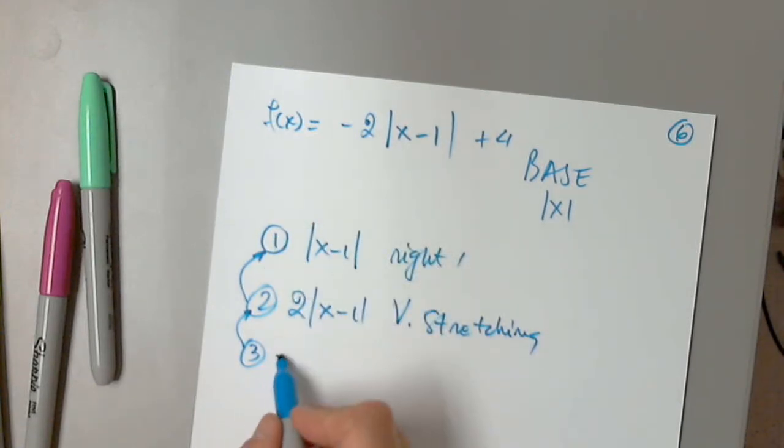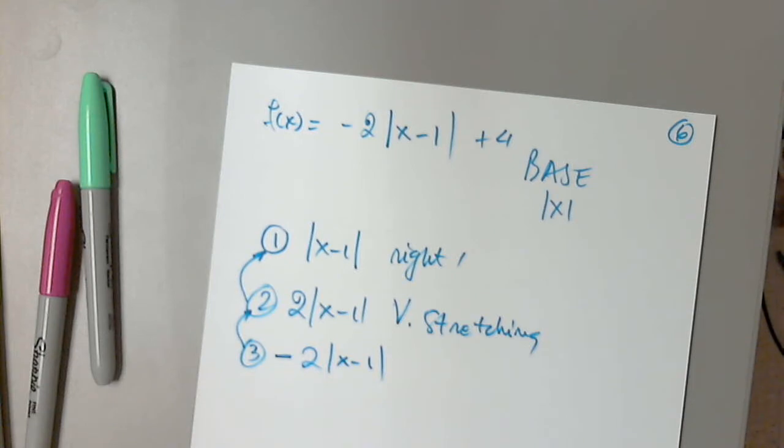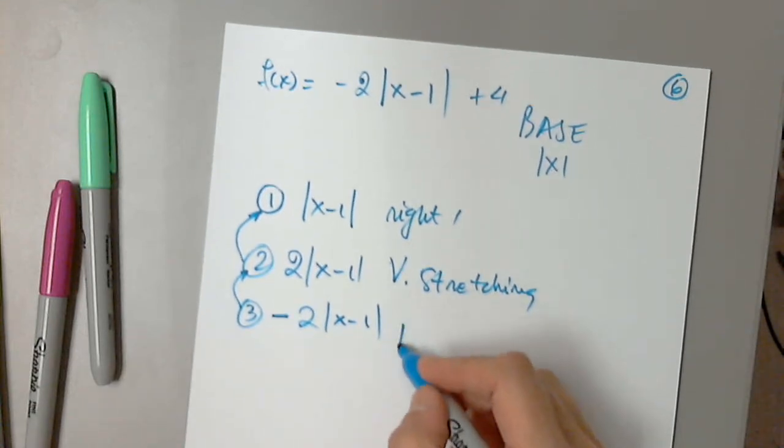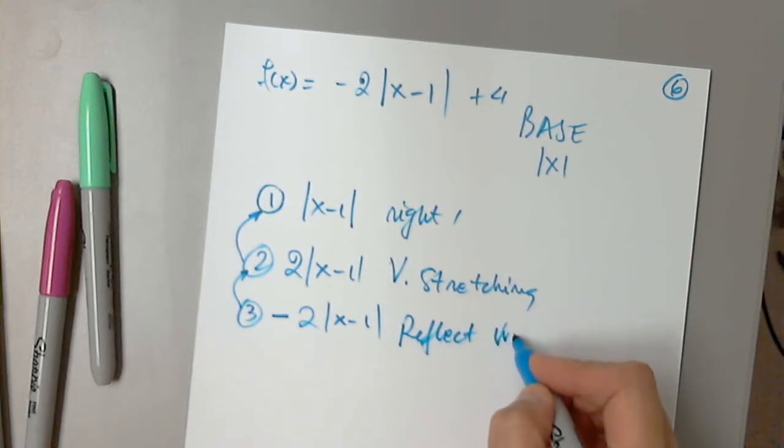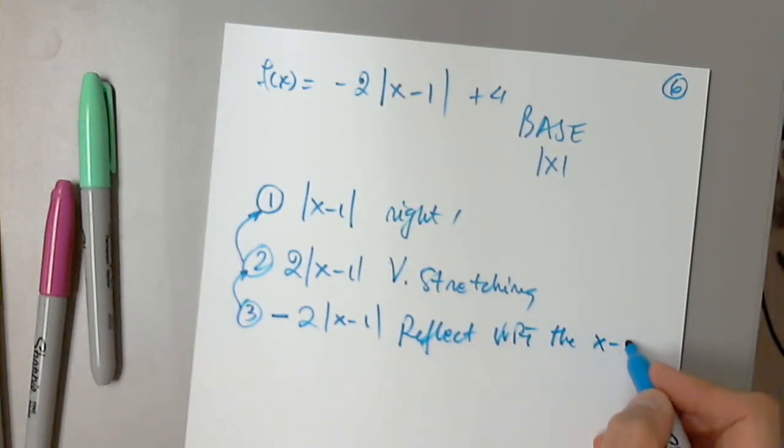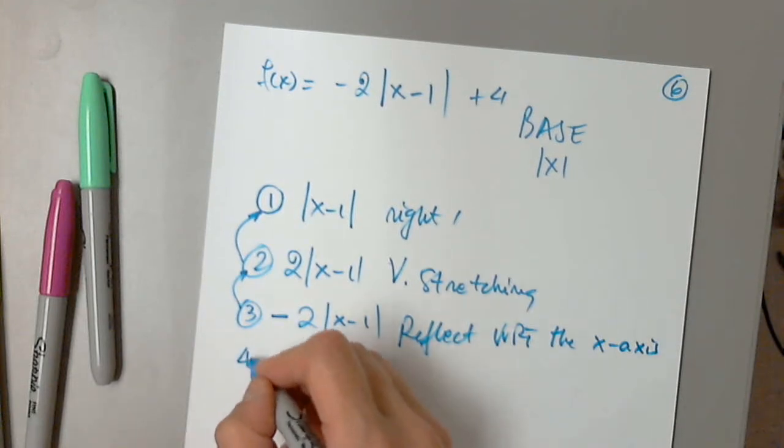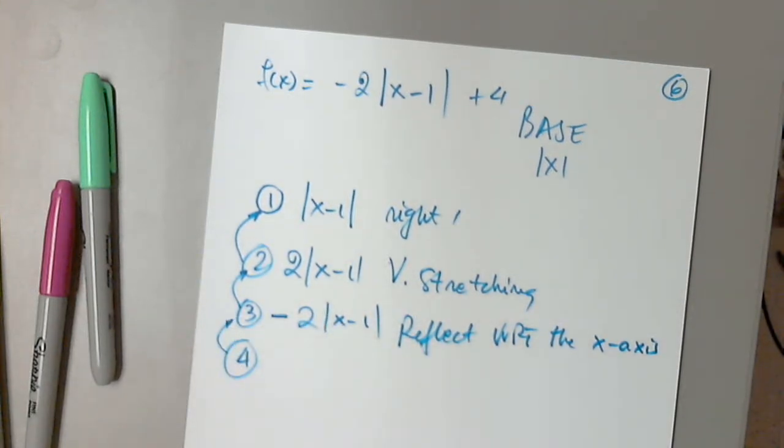And now I have to put that minus in front. It's still a transformation on y. It's a reflection. Yes, how? Reflect with respect to the x's.